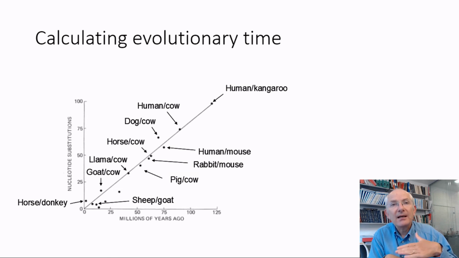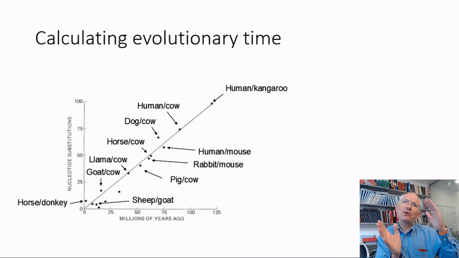And on the x-axis was, at that time, what was best known as the evolutionary separation of those different species based on the fossil record, where the last common ancestor of the pairs of species had been estimated to have lived. And what you can see is, when you plot the last common ancestor from the fossil record against the percentage nucleotide substitution, you get a pretty good straight line.